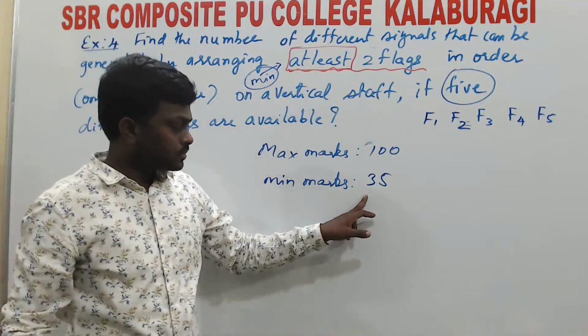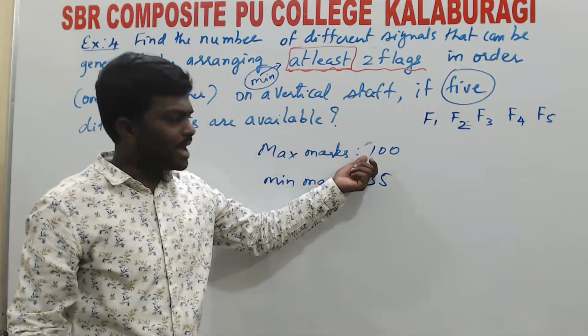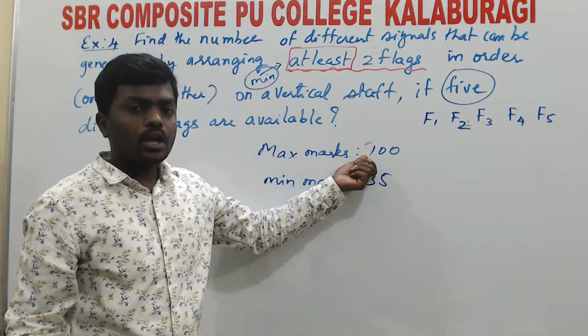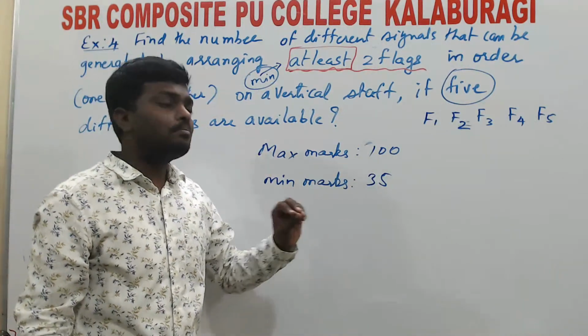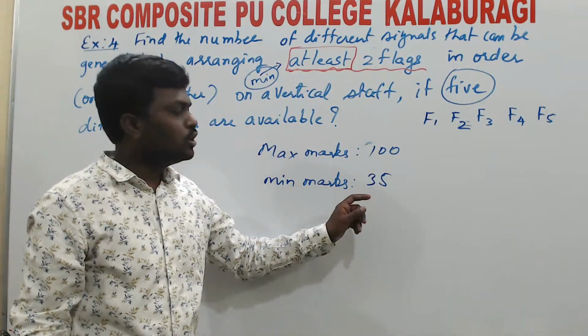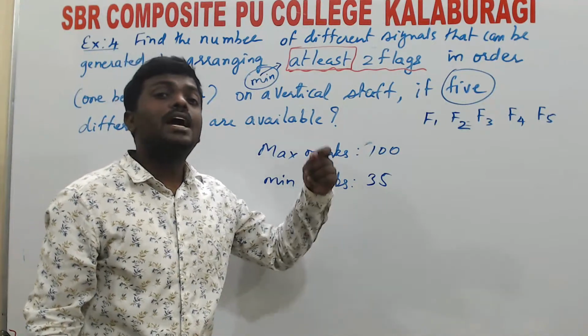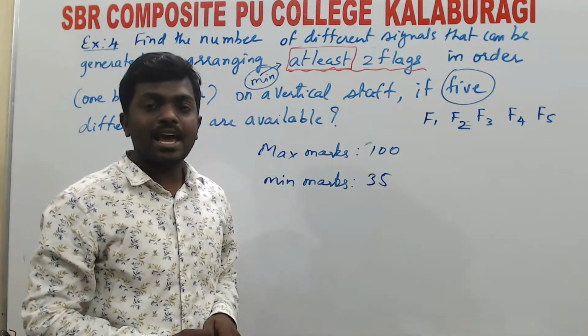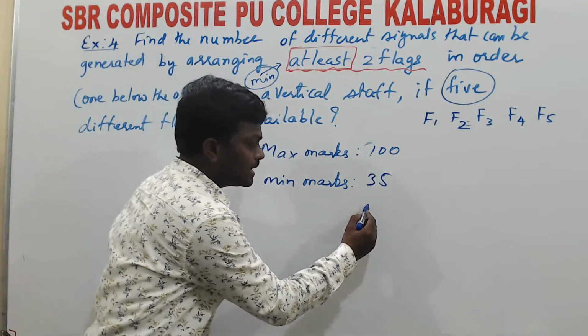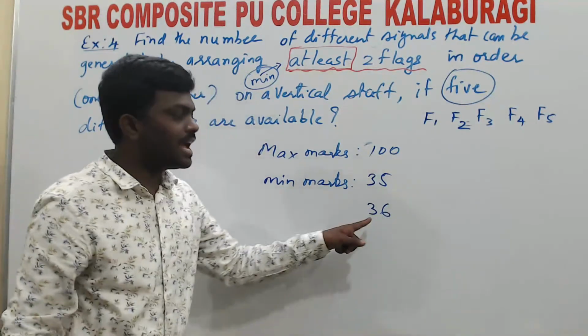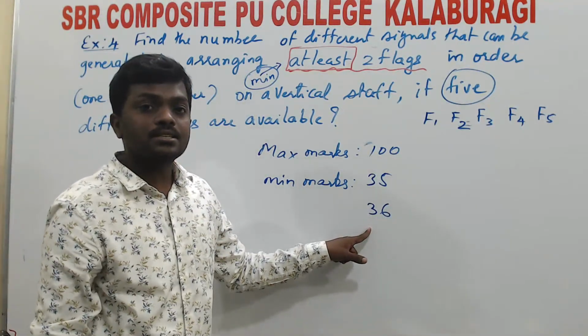Okay, so the maximum marks are 100. You have to score minimum 35 so that your result will be passed. So it doesn't mean that you shouldn't score 36, right?